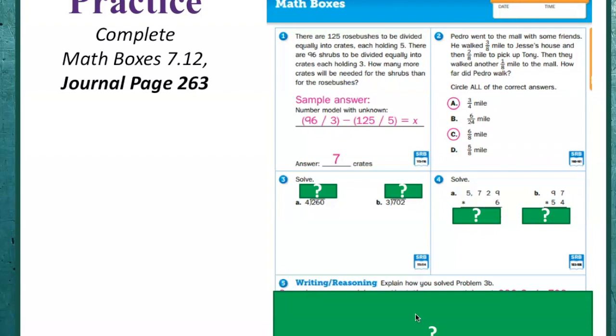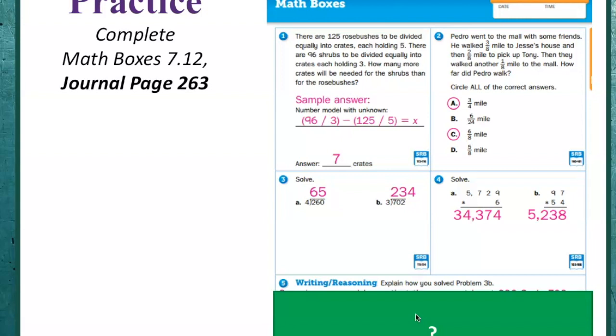Number 3, A is 65 and B is 234. There were no remainders. Number 4, going back to multiplication, A is 34,374. Hopefully you showed your work. And B is 5,238. Explain how you solved problem 3B.